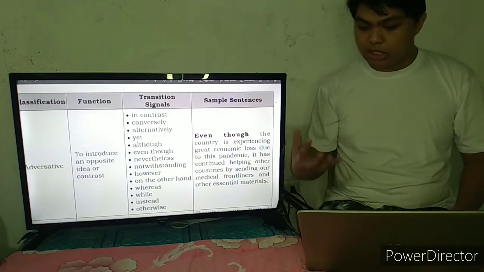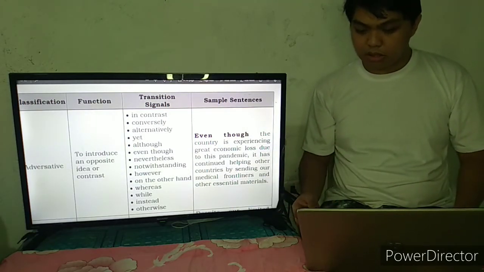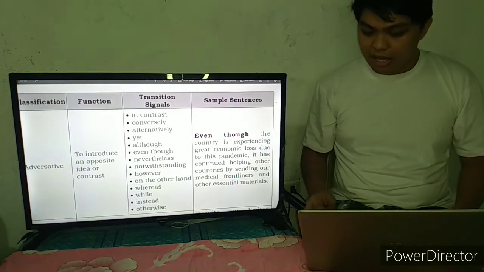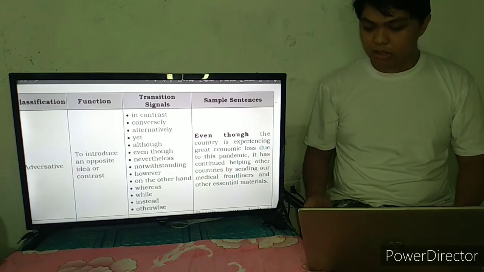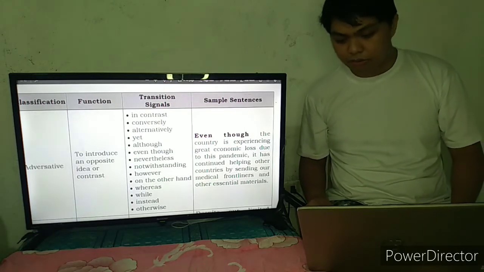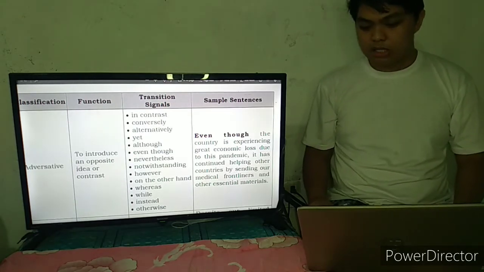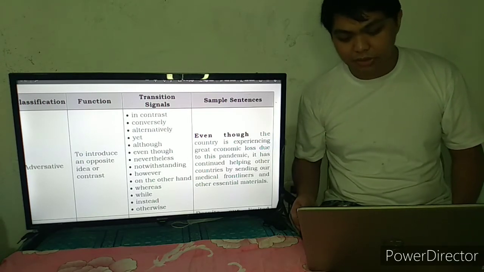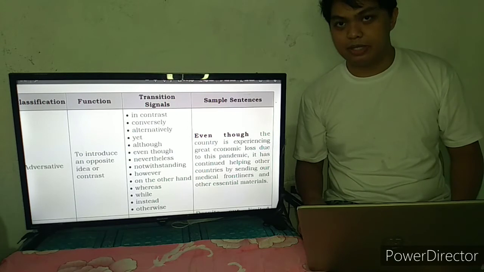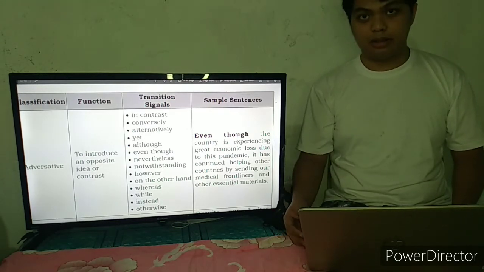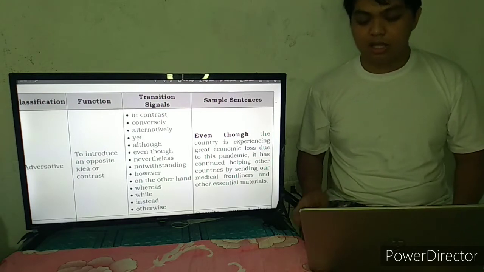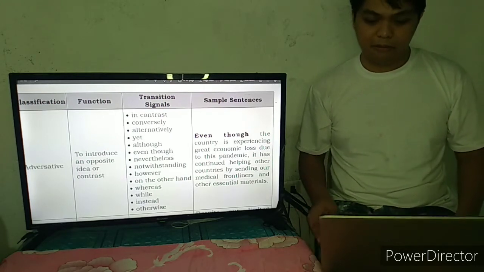Even though the country is experiencing great economic loss due to this pandemic, okay, may comma doon, it has continued helping other countries by sending our medical frontliners and other essential materials. So, kahit na nahihirapan tayo sa ating economic losses ng ating bansa, patuloy pa rin ang pagpapadala natin ng medical frontliners at essential materials sa ibang bansa.